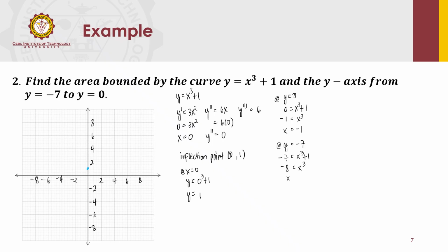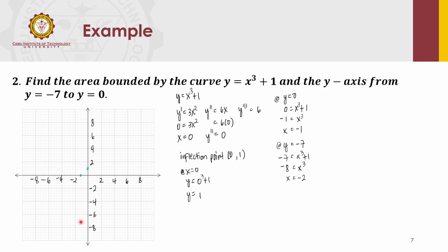So the value here is -2 if y is -7. So we have two more points: (-1, 0) and (-2, -7). So here.